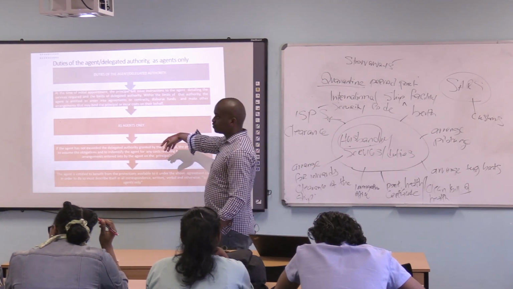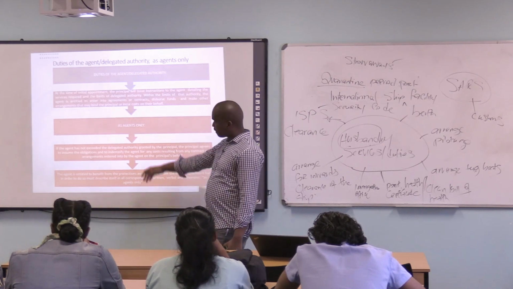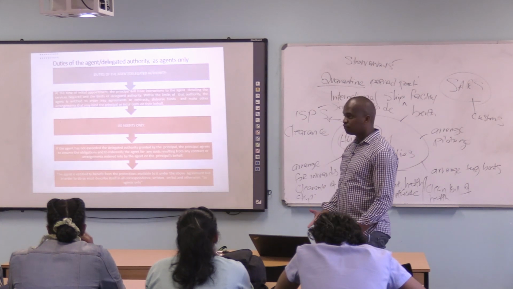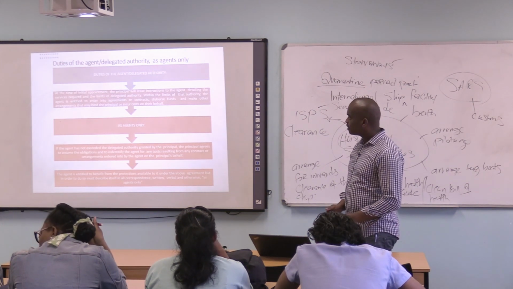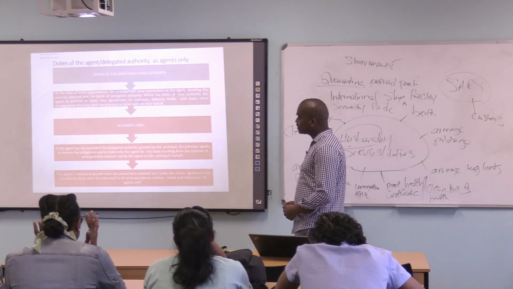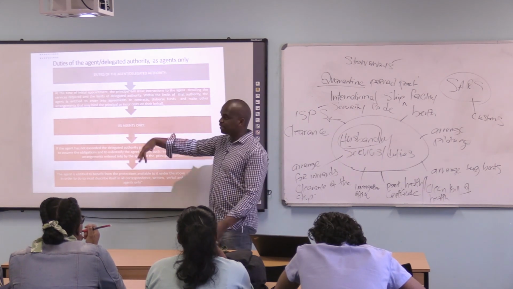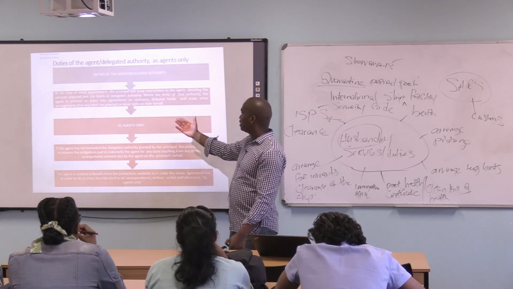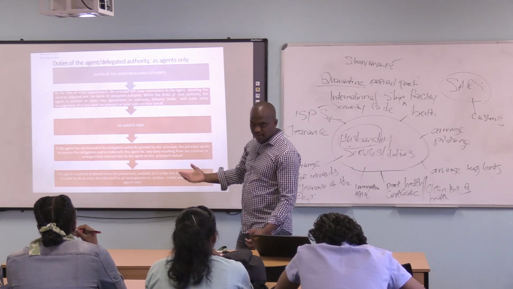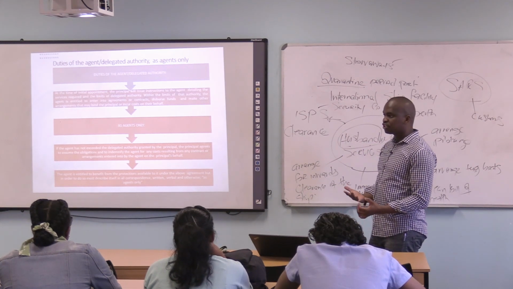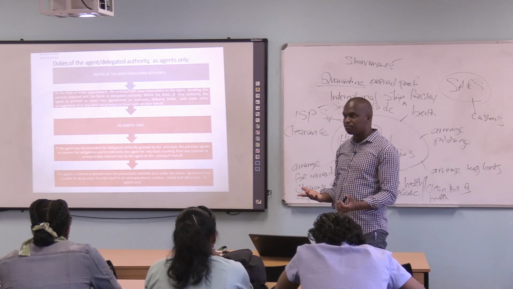So the agent, on behalf of the principal, may enter into agreements or contracts when acting on their behalf at the ports, and disburse funds. For example, what is it that the ships are going to have to pay for?